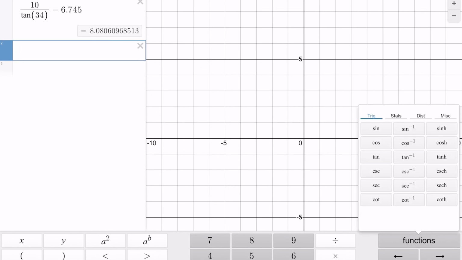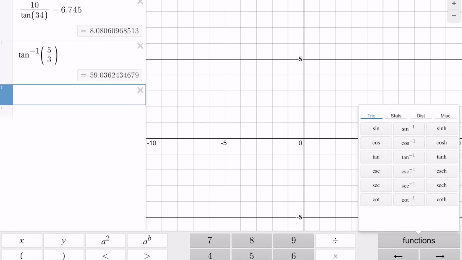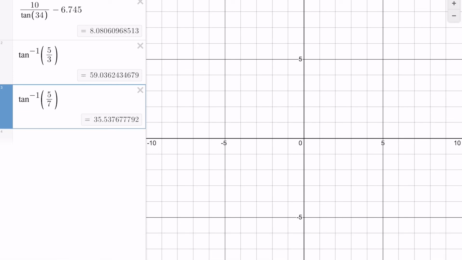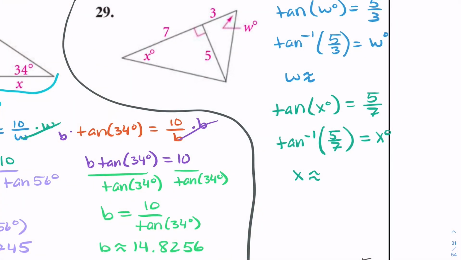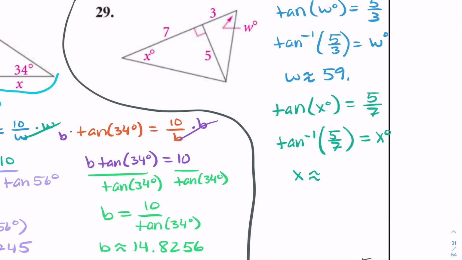Inverse tan of 5 over 3 and inverse tan of 5 over 7. So it looks like 59.0362.